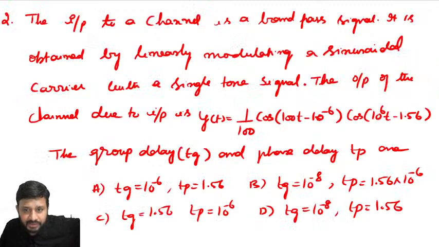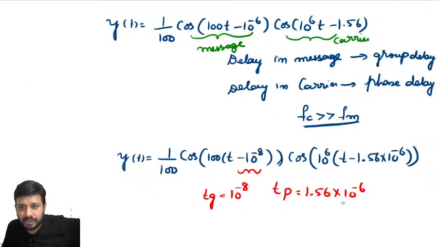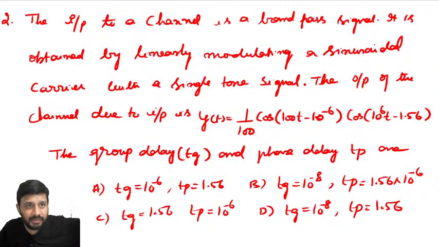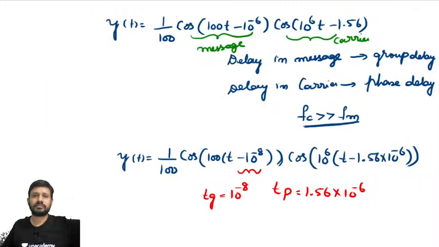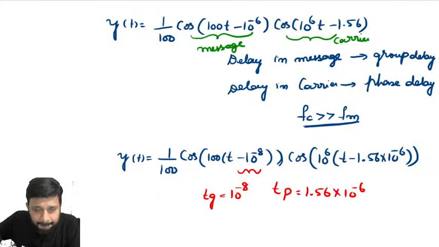Group delay is 10 power minus 8, phase delay is 1.56 into 10 power minus 6. Option B will become the answer, not option A, because delay in message is group delay, delay in carrier is phase delay.